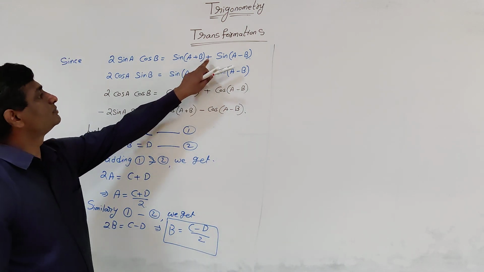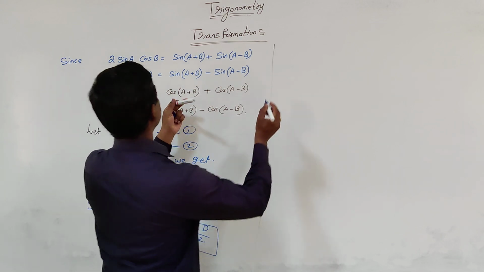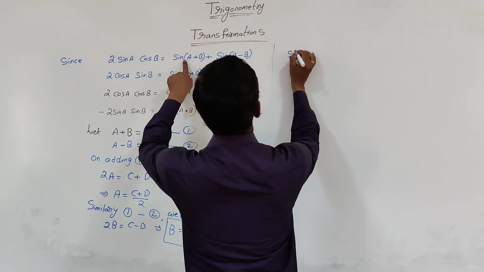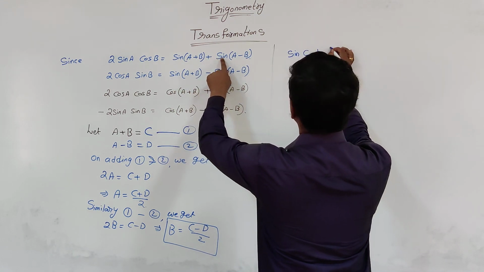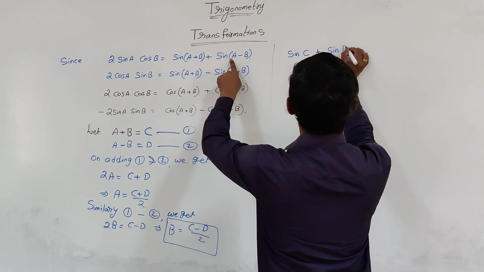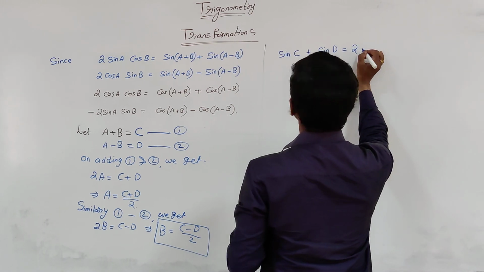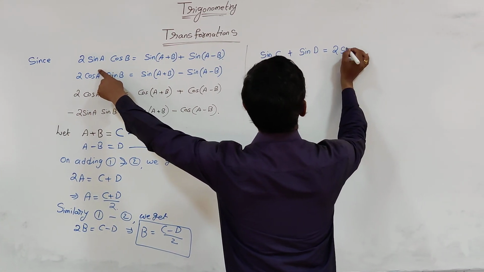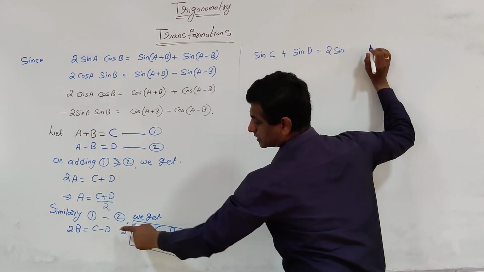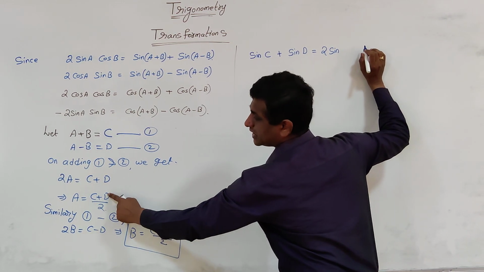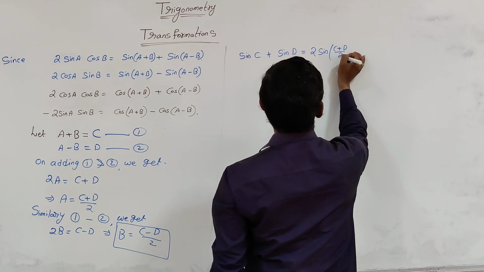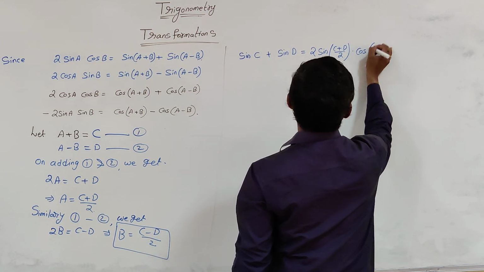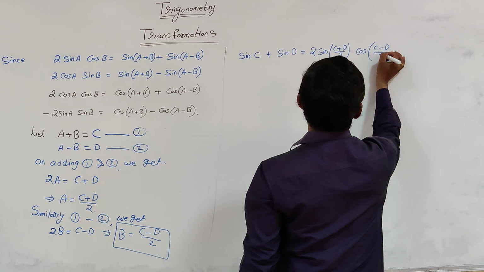Sine of A plus B plus sine of A minus B, means sine of A plus B is C, plus sine of A minus B is D, is equal to 2 sine A, that is, C plus D by 2, into cos B, C minus D by 2.